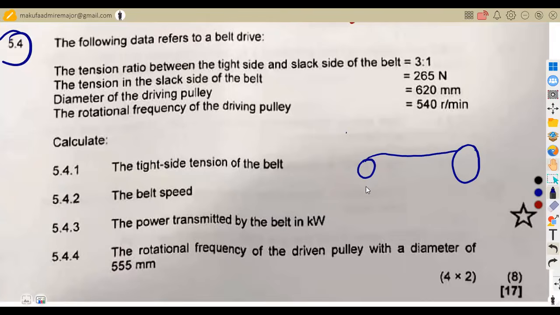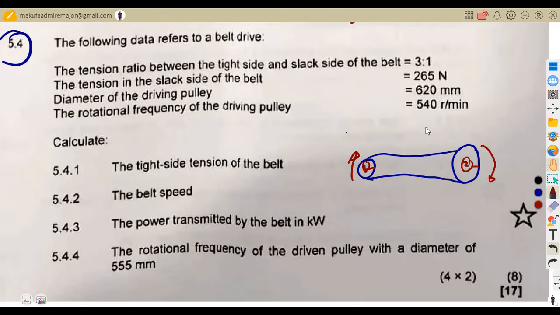So this is all right. Let's just see what you're going to have. So from our belt drive that we have, remember, we'll be having the driver and we'll be having the driven in this case. So considering here as the first part and considering this as the second part, we shall have D1, N1, and so forth. So from the first side, and also here having our slack side and our tight side.